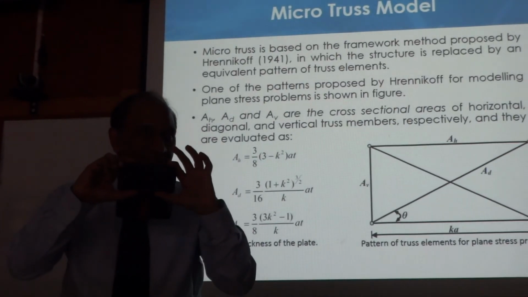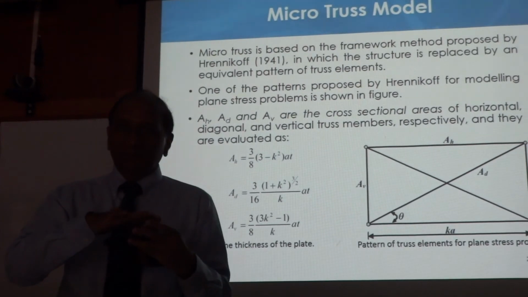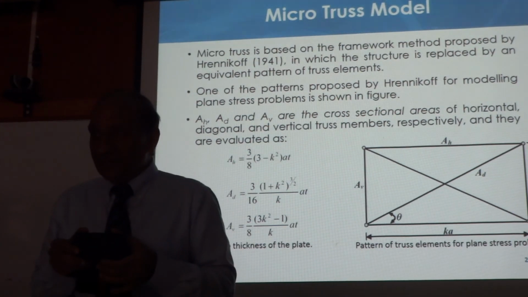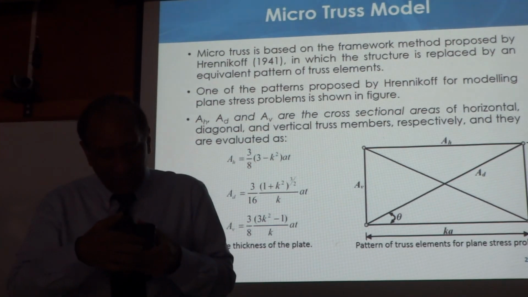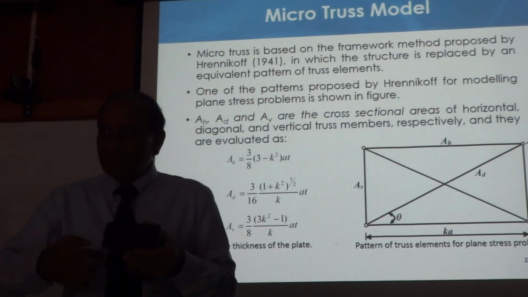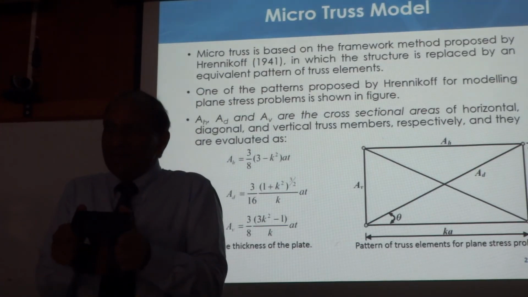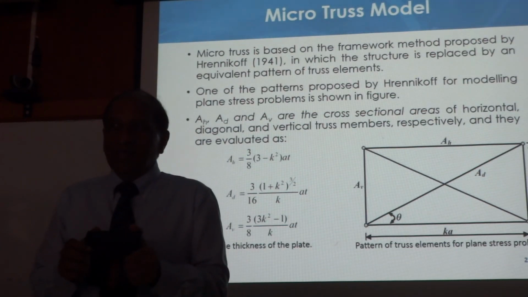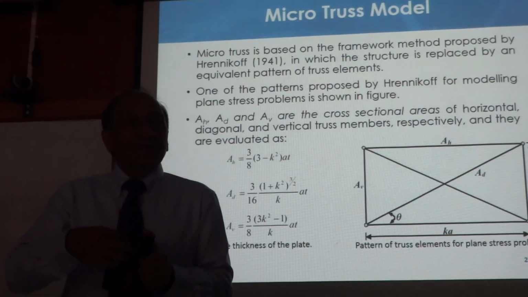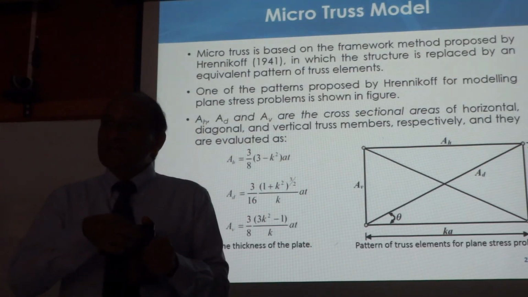if I want to do this, I need a finite element program to calculate the stresses in this one. But on the other hand, if I assume that these are all pins on the corner, and there are two diagonals inside, and when I bend it, one of the diagonals is going to be in tension, one of the diagonals is going to be in compression, then I can find approximately the stresses inside this area.